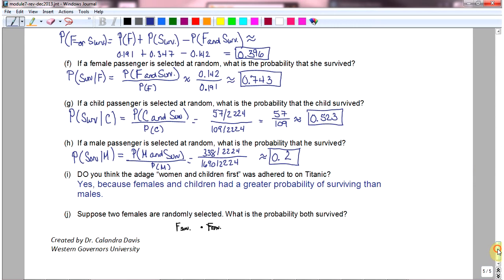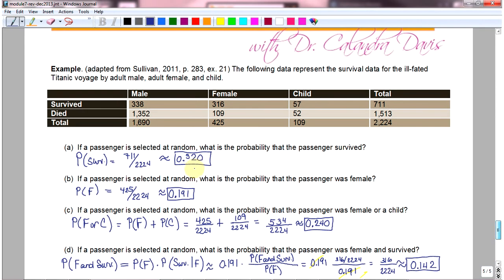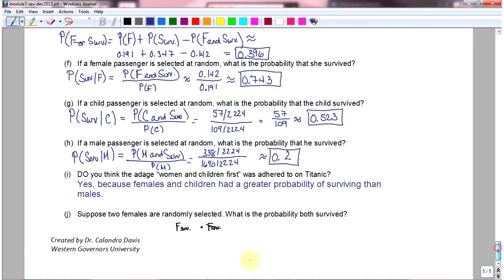Okay, so looking at our table, 316 of the 425 women survived. Okay, so 316 out of 425 women survived.